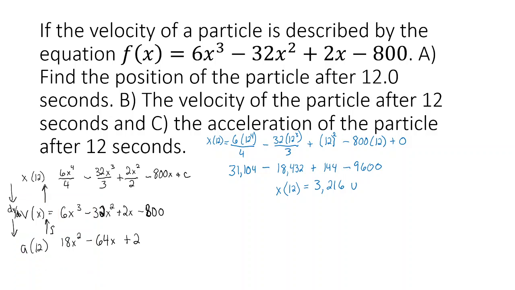So for velocity, we're going to say it's 6 times 12 cubed minus 32 times 12 squared plus 2 times 12 minus 800.